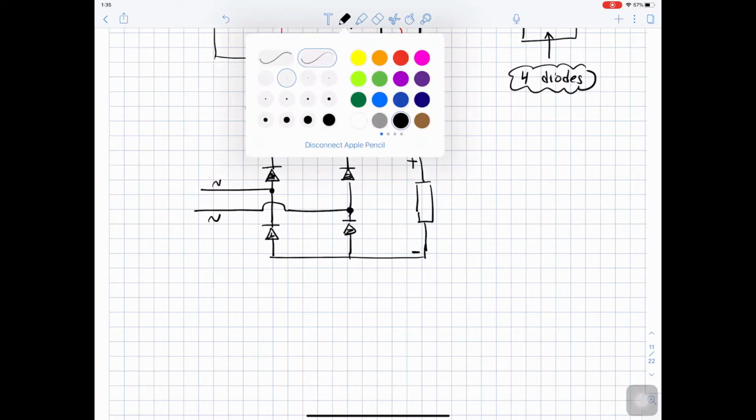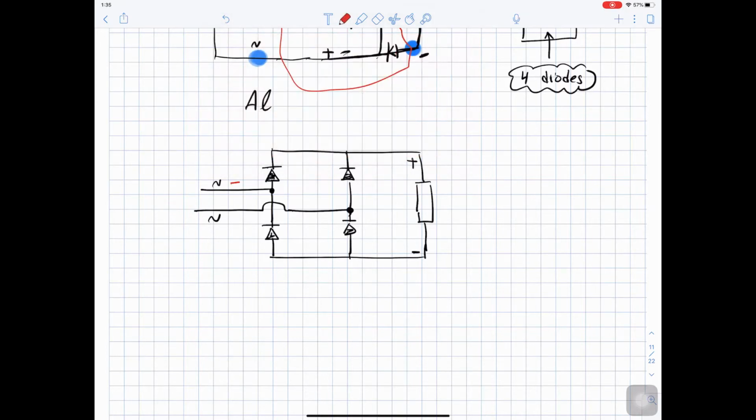So if the AC is a positive wave, this positive will go through this one. If the diode has positive then negative, it is forward. If the diode has negative then positive, it is reverse. If the diode has negative here, it is forward.